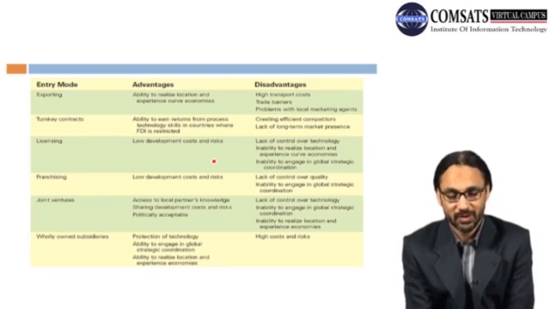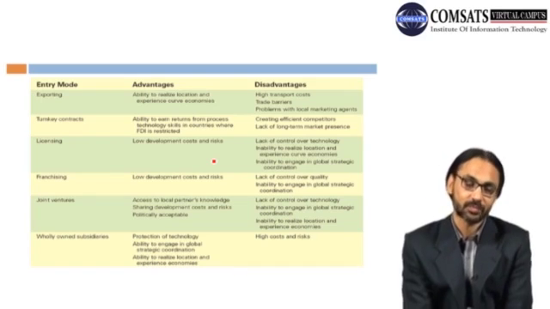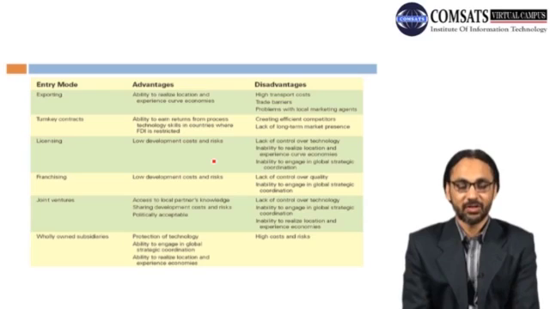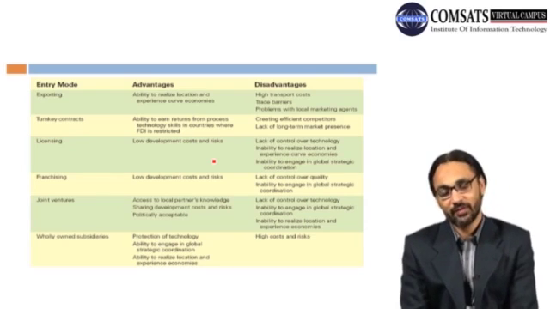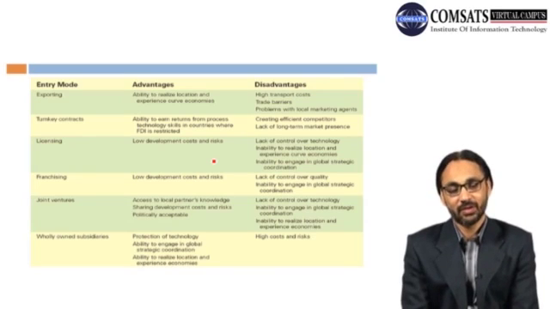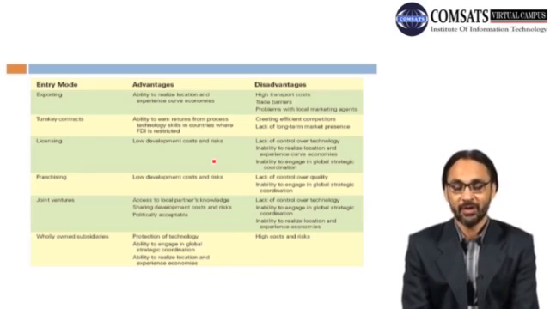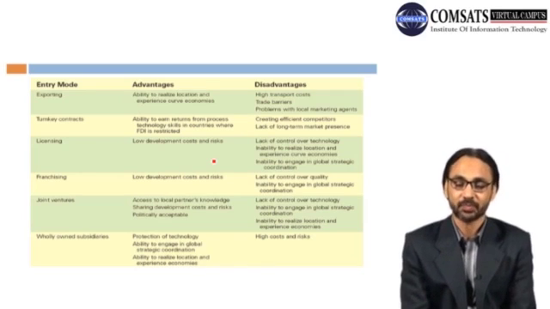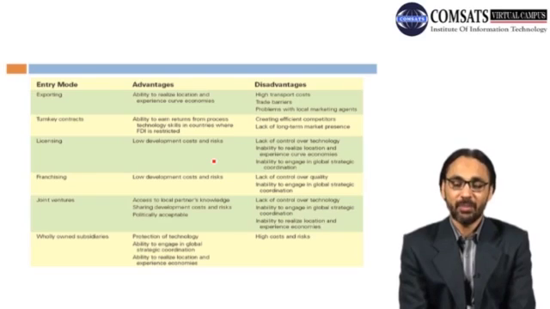These are the three disadvantages associated with exporting. Now the turnkey contracts. The advantage is the ability to earn returns from process technology skills in countries where FDI is restricted. The negative aspects are creating efficient competitors and lack of long-term market presence. These are the two disadvantages associated with turnkey contracts.